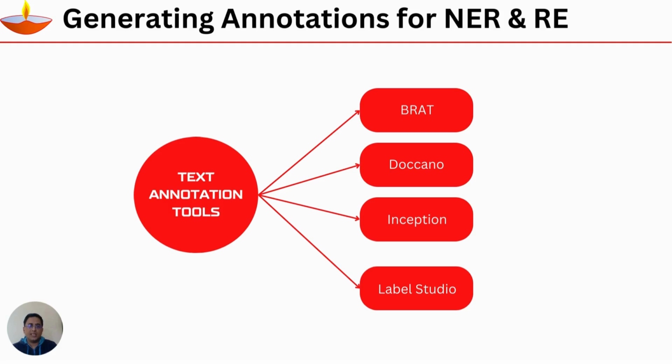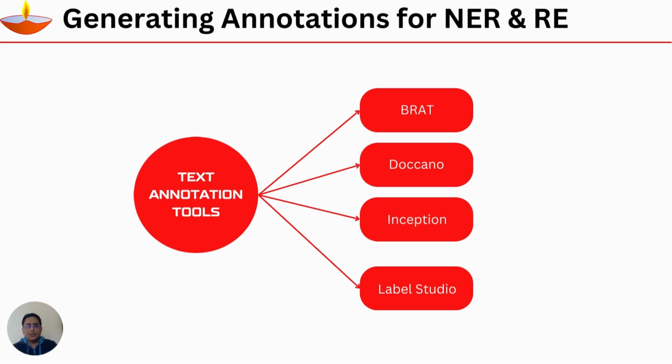These are called text annotation tools, and it's important that we check whether these tools can perform both NER as well as RE or just the NER, because some of the tools you'll find can just do the NER, they cannot do the RE part of it.